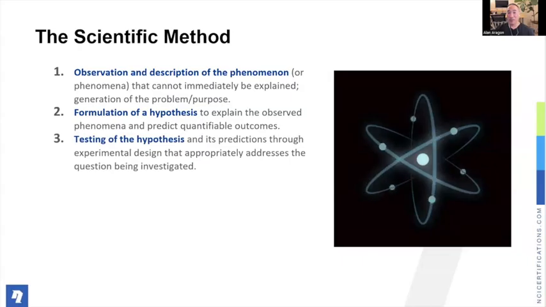The third step in the scientific method is testing the hypothesis. So, with something like a supplement, we can take a classic parallel arm randomized controlled trial and run the experiment like this.